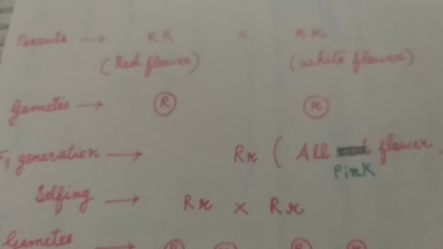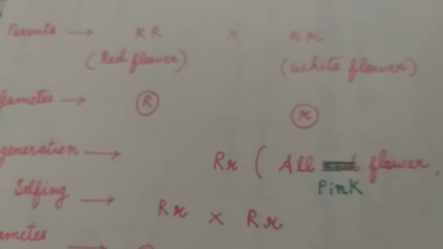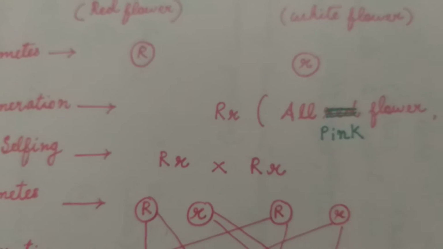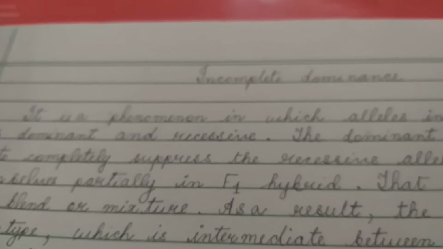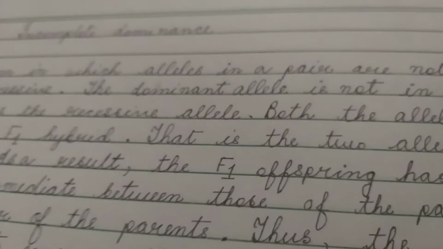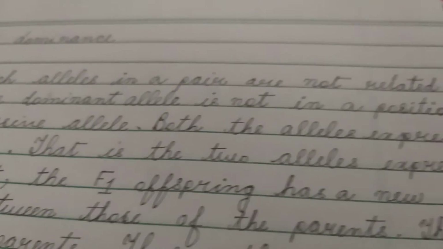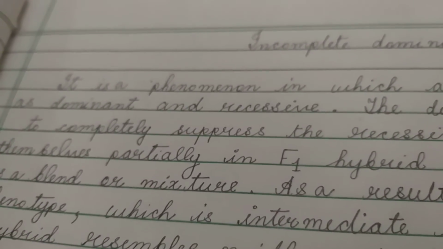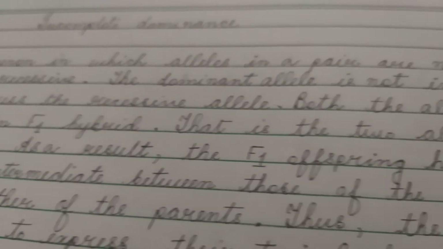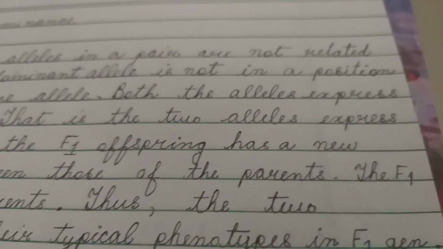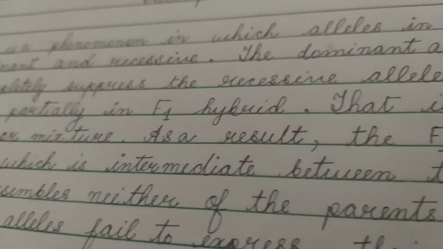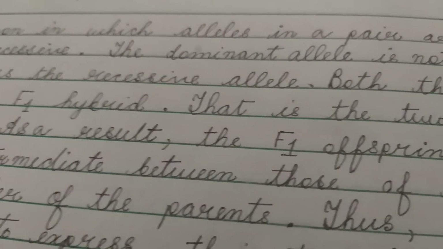So incomplete dominance means one allele is incompletely dominant over the other allele. Incomplete dominance is a phenomenon in which the alleles in a pair are not related as dominant and recessive. The dominant allele is not in a position to completely suppress the expression of the recessive allele.